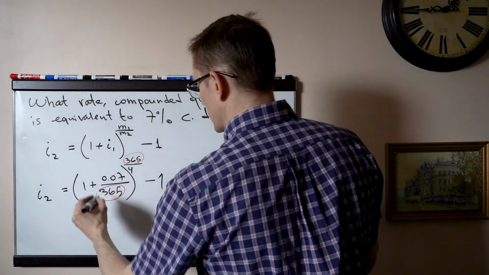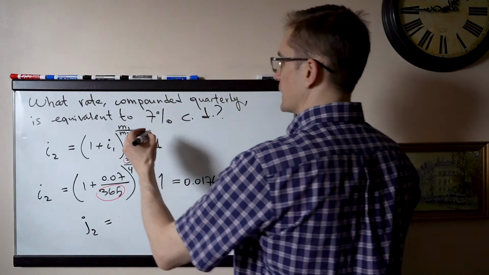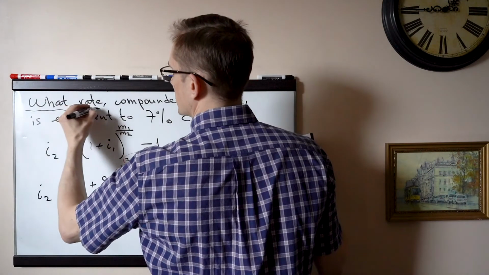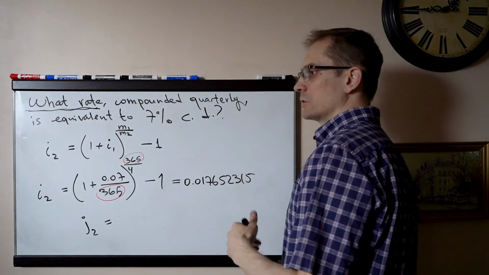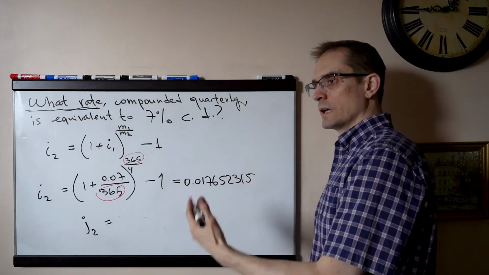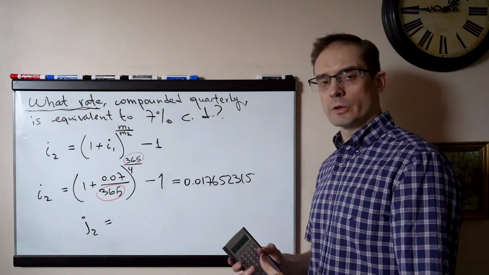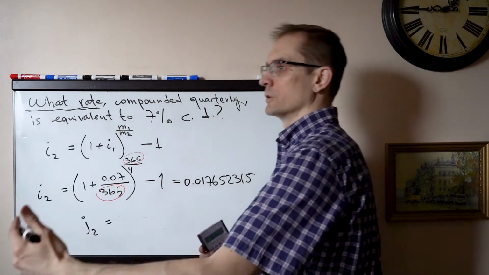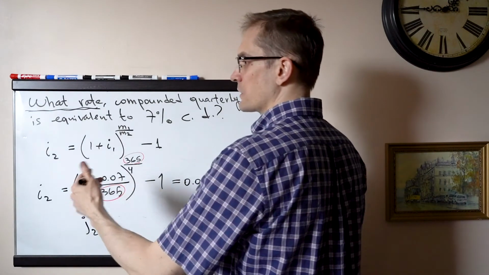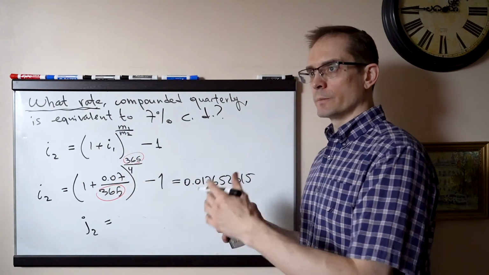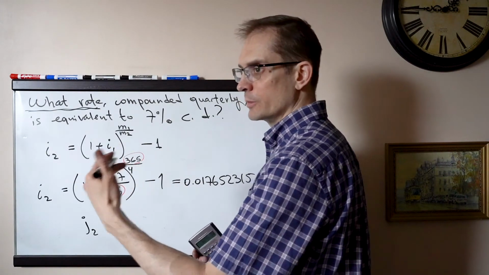Now, that's I2, right? So what is J2? What is that nominal rate? When I say what rate, I didn't write what nominal rate, but when I don't write nominal and just say rate, that implies nominal rate. By the way, not on all problems you will be asked what nominal rate. If the problem says what rate without specifying whether it is nominal or periodic, you should understand that it's going to be nominal rate.